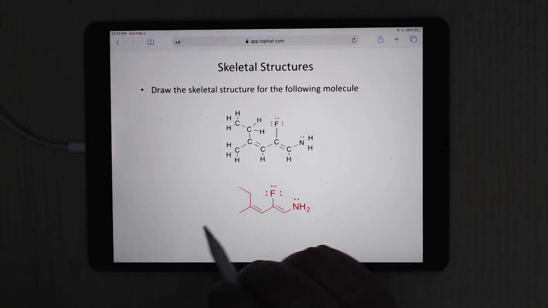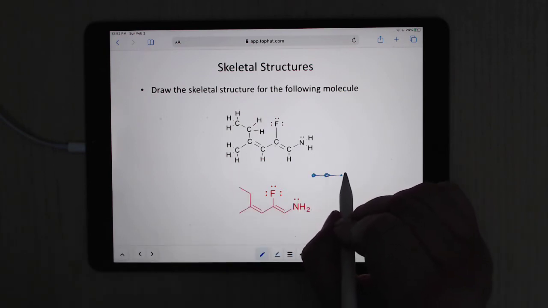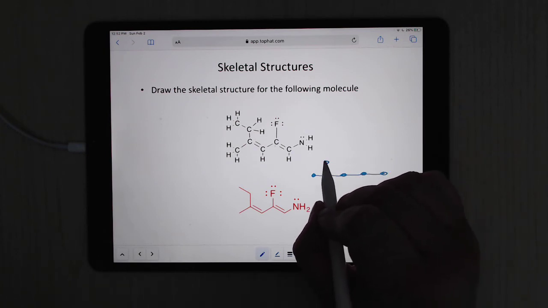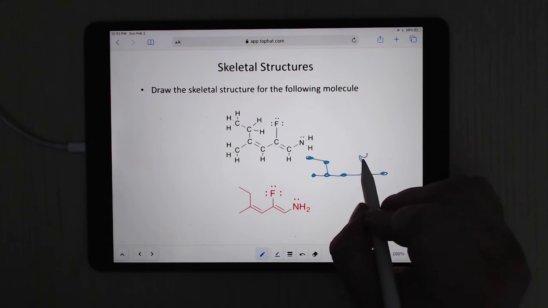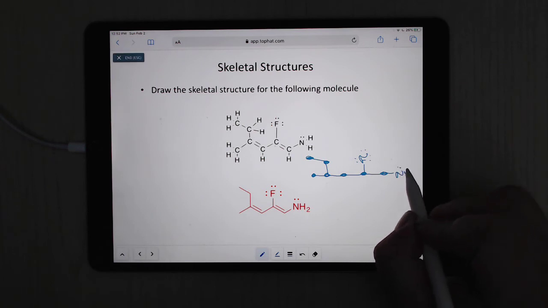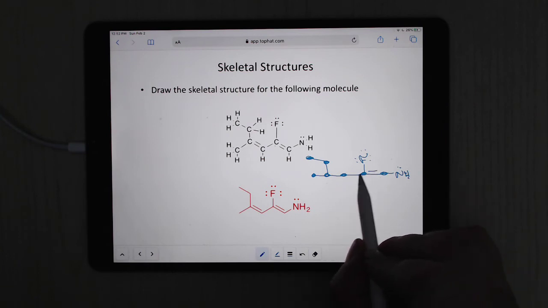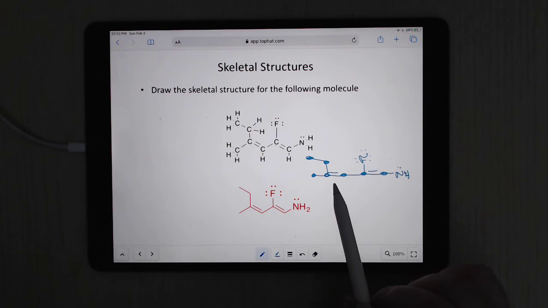And it doesn't matter if the double bond's above or below the line.